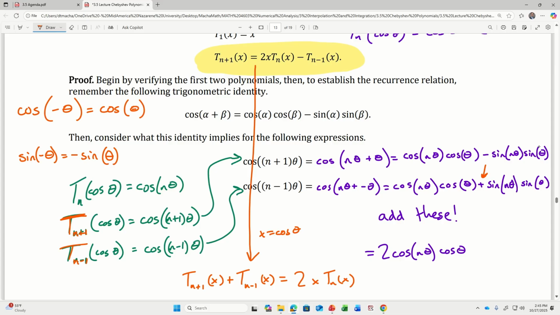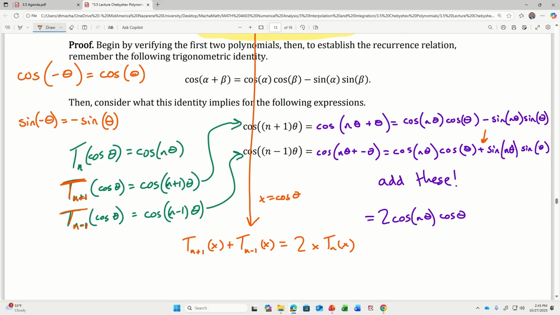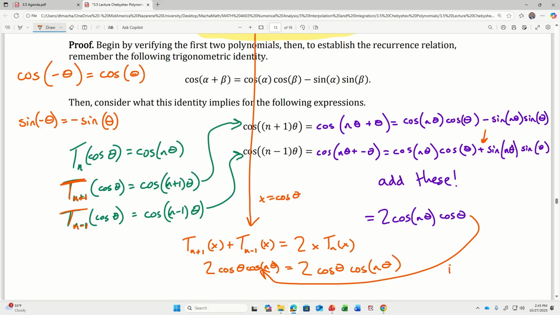And so that is the left side of the equation. Two cosine theta cosine n theta. And that's supposed to be equal to 2x Tn of x. Remember, x is cosine theta, right? So it works.